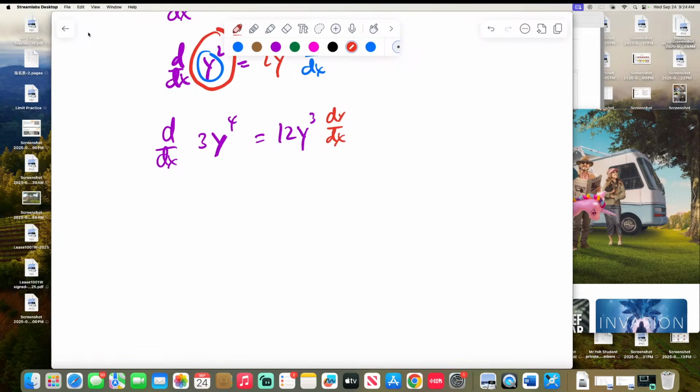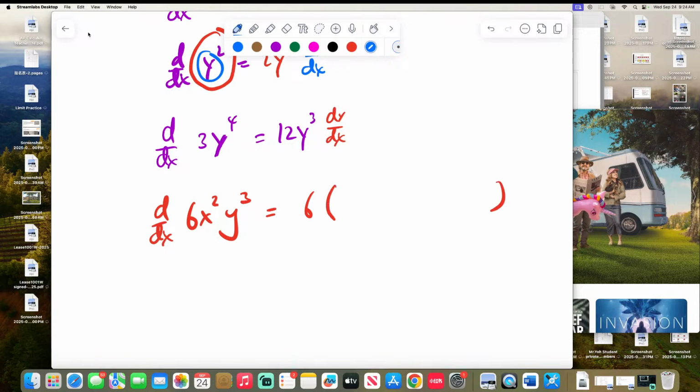Is that okay? Then you say, okay, well, how do I take a derivative of this? Sorry, 6x squared y to the third. What we're going to do is take the 6 outside like this, because we know it's 6 times this.